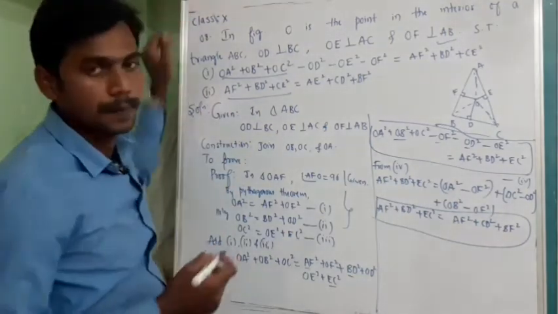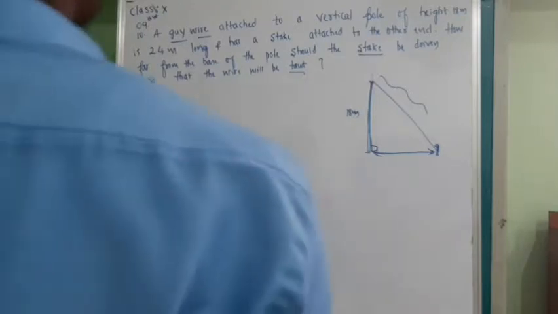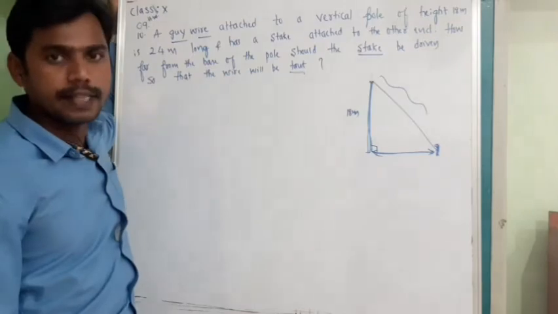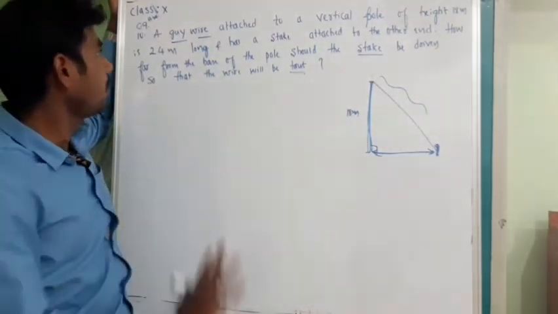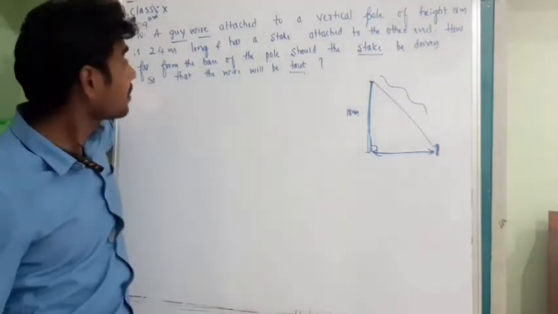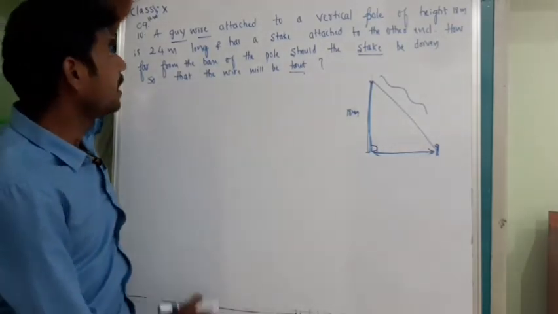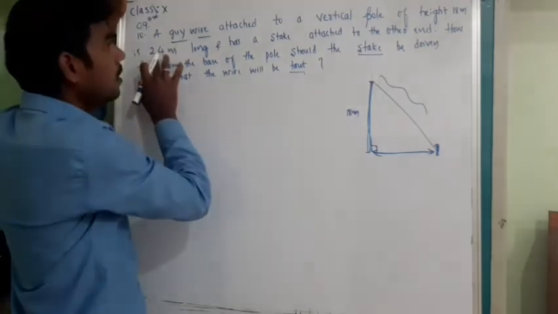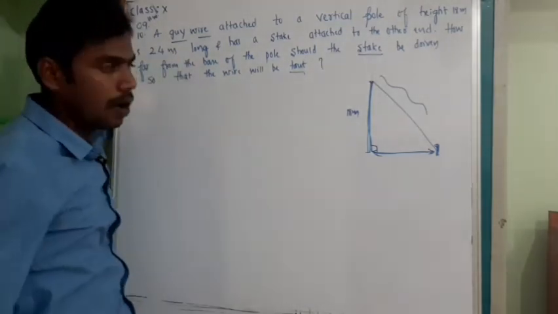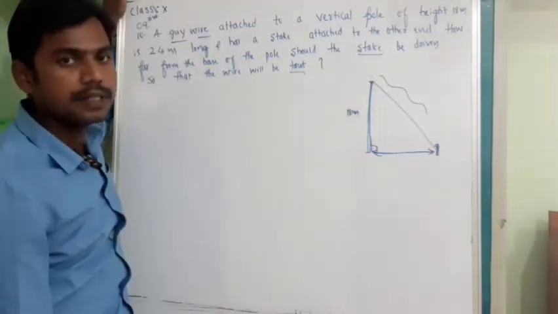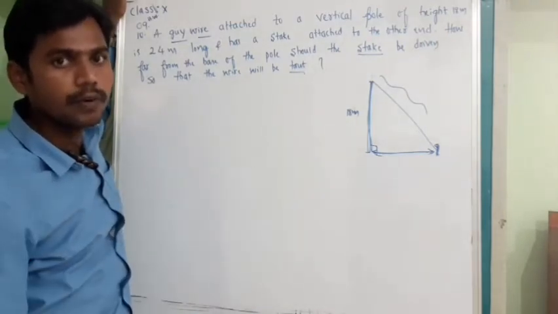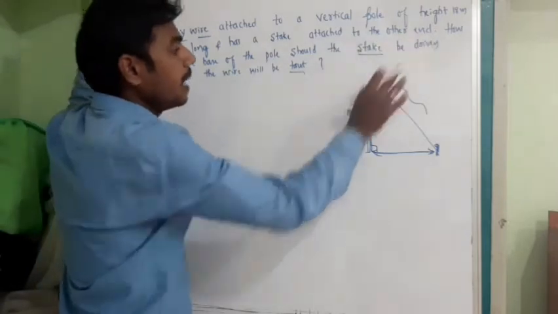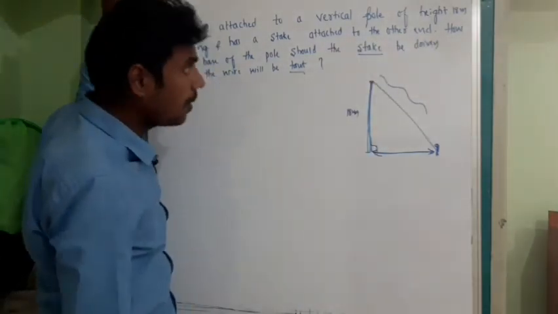Please note this down. So the ninth question will be very much similar to the question that I have solved in the example section. Please go through that and solve it on your own. And the 10th question states: a guy wire attached to a vertical pole of height 18 meter is 24 meter long, and has a stake attached to the other end.